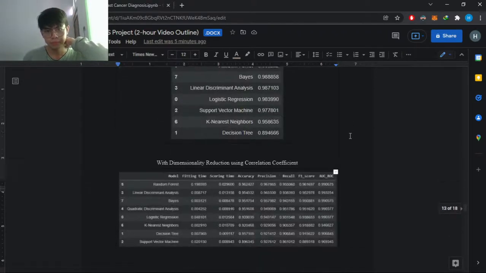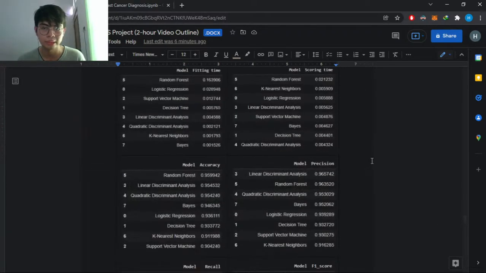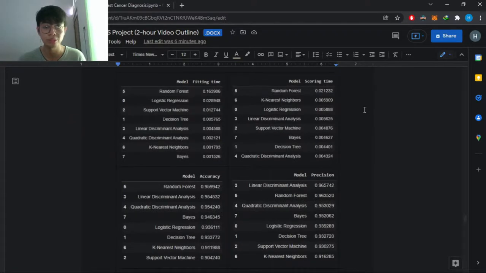So now, as you can see right here, this is the general display of how each model performs, right? And let's just jump into the individual scoring measures, the performance evaluation measures.